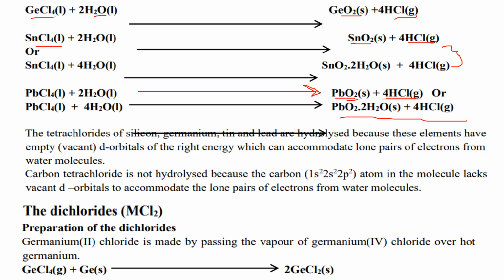Now we are saying that the tetrachlorides of silicon, germanium, tin, and lead are hydrolyzed because these elements have empty or vacant d orbitals, which accommodate lone pairs of electrons from ligands such as water molecules.